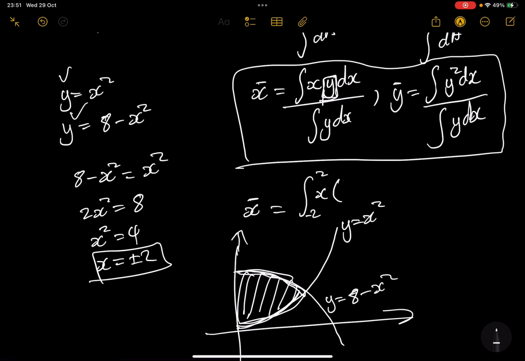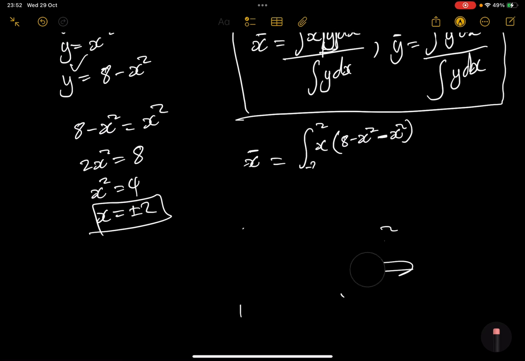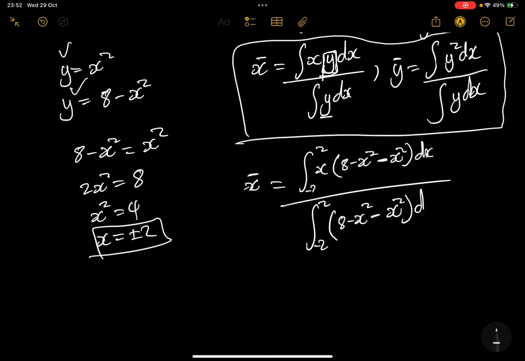You're going to have 8 minus x squared minus the lower graph, which is x squared, dx, over the integral from minus 2 to 2 of y. Y again is the same thing as the upper graph, which is 8 minus x squared, minus the lower graph, which was x squared, dx.